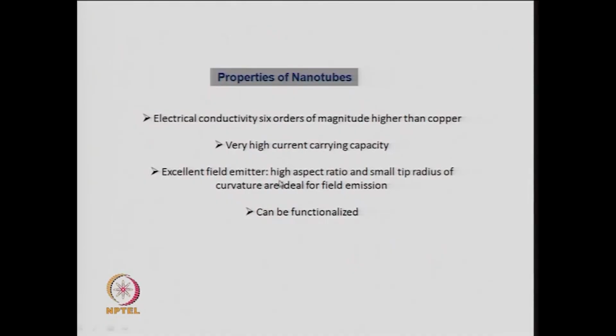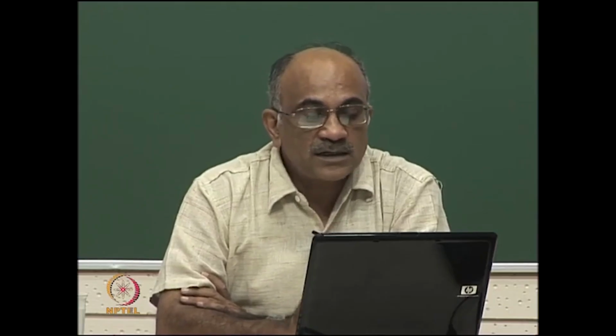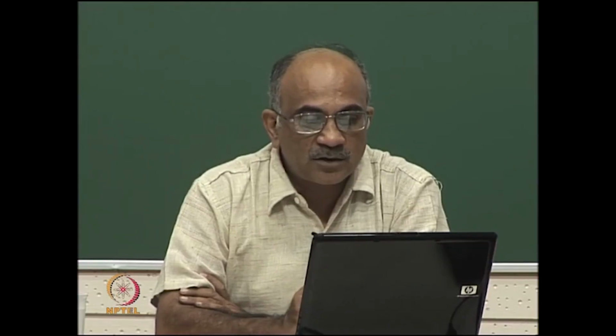Then another important property with respect to electrons is that if you apply a potential or a voltage to carbon nanotubes, you can get electrons out of it. So, it is called a field emitter. That means, if you apply an electric field, you can get electrons out of the carbon nanotube.